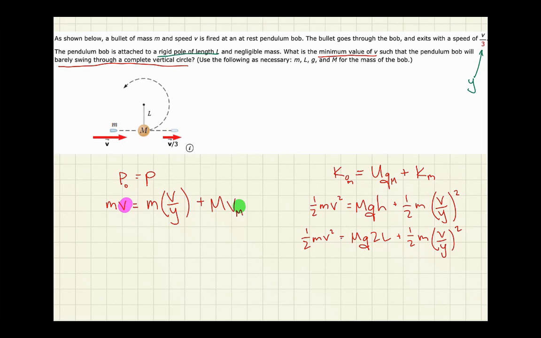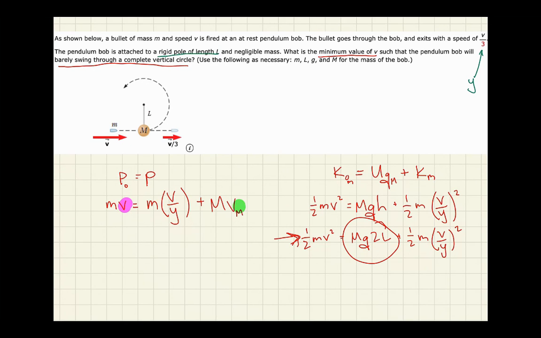And so looking at my other equation over here, I don't have a velocity of big M. Instead, I know that the gravitational potential energy at the highest point is going to be equal to the kinetic energy of the block right after the collision.